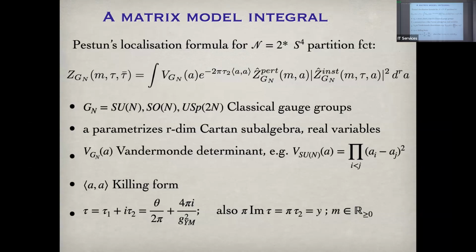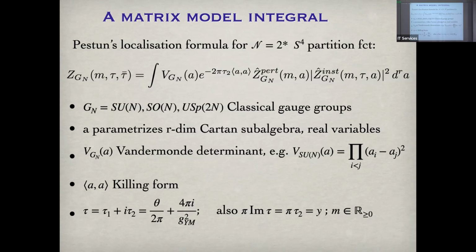And then we have what we would call, in physics terms, the classical action, e^{-2π τ_2 (a,a)}, where this is the Killing form. And this function is a function of this little m, which is just some positive parameter. If you're familiar with the context, this is just the mass that you give to the hypers to break N=4. And the coupling constant, which is going to be our modular parameter.